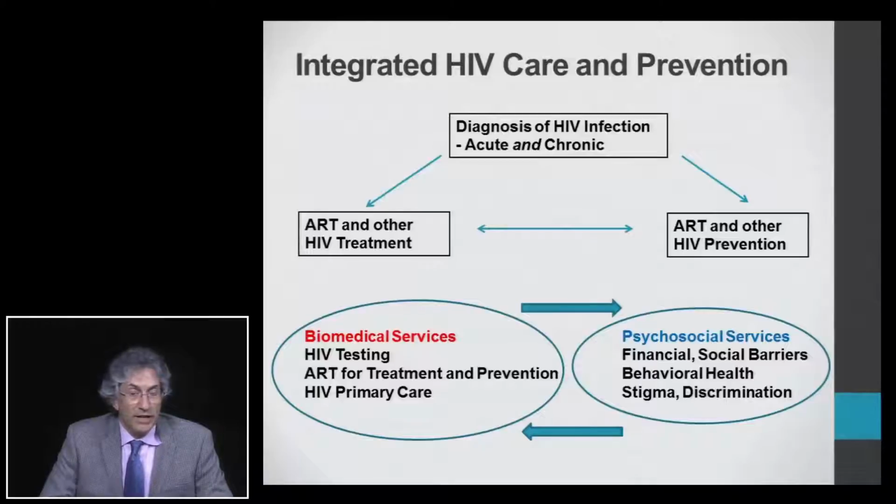So all integrated HIV prevention starts with the diagnosis of HIV infection and then moves to the use of antiretrovirals either in persons with HIV on the left or even in persons without HIV but at risk on the right.